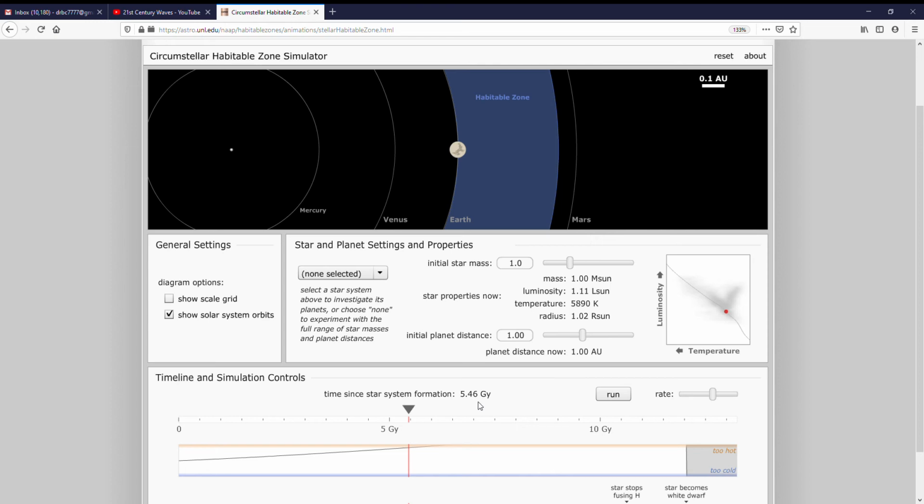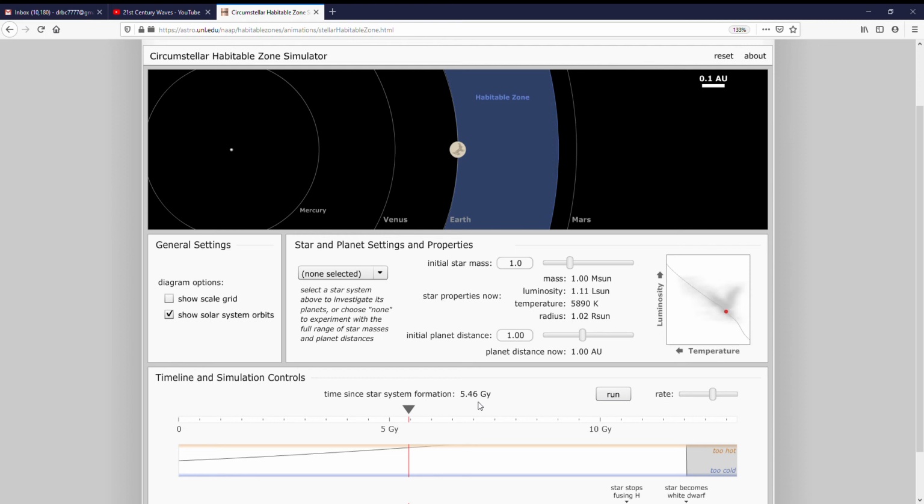So if we subtract 4.6 from 5.46, we'll get something a little bit less than a billion years. That means we have maybe 800 to 900 million years left of the Earth actually being in the habitable zone. And that's accurate because we do expect Earth's oceans to be lost in about that time frame.